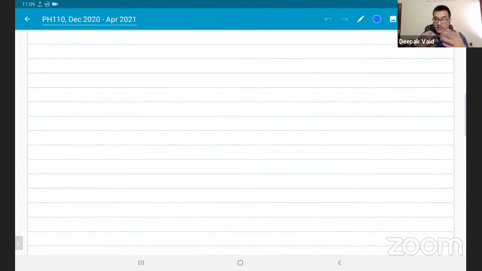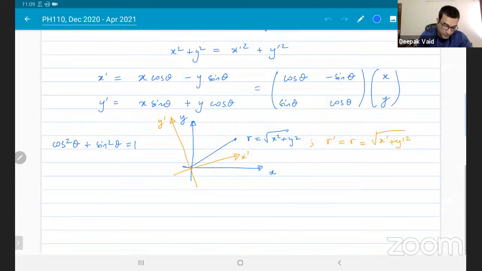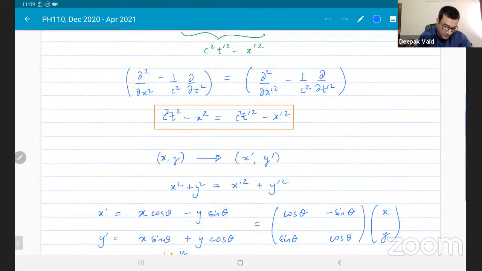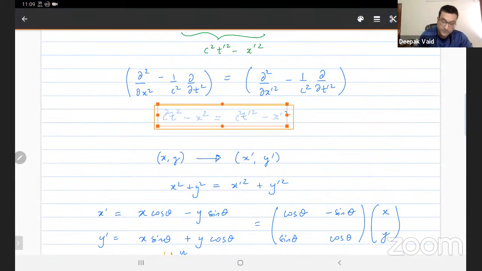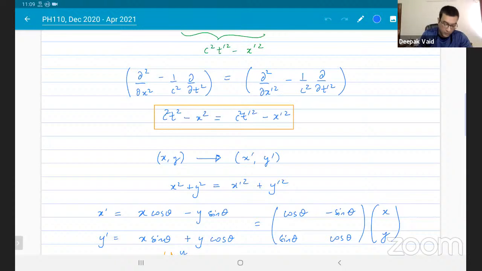Then you get some set of algebraic equations, and you solve them and you get the Lorentz transformation. That's another method. This method I'm introducing because it introduces this concept. And what is this concept?